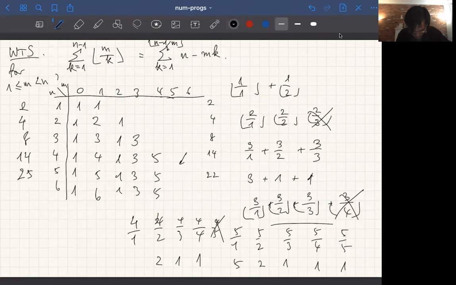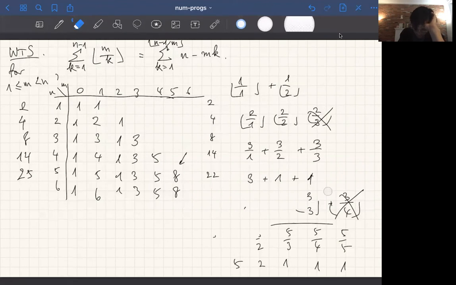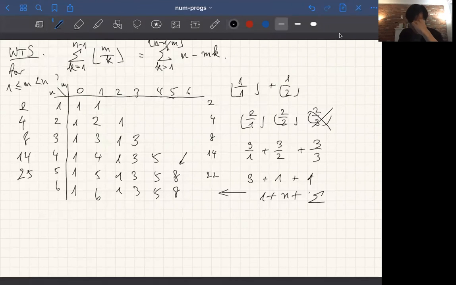1, 2, 4. That's 8. So it should be 8 here. So it works. Okay. What is the actual formula? It's a sum. So in this table, a sum over the row here counts 1 plus n plus the sum of k equals 1 to n minus 1 of m over k floor.